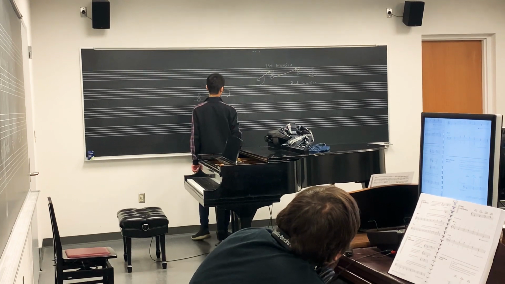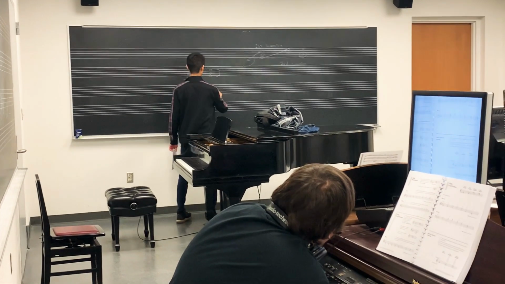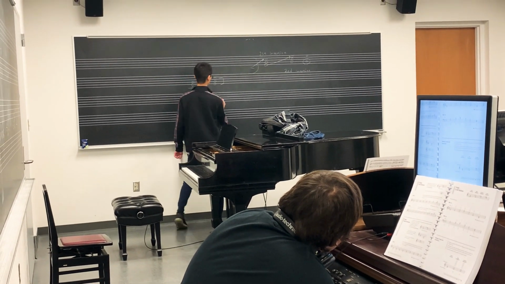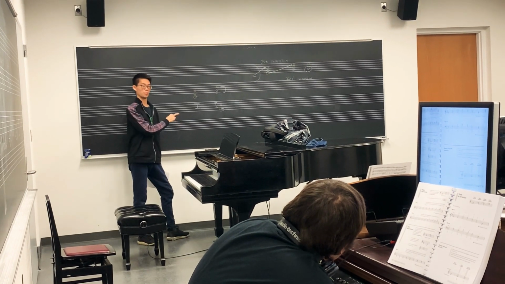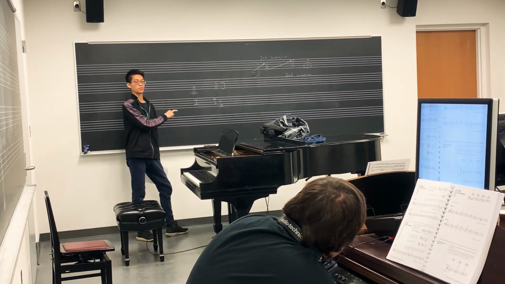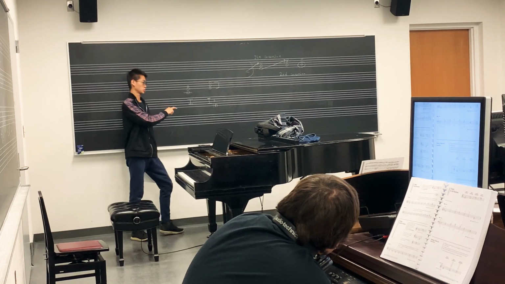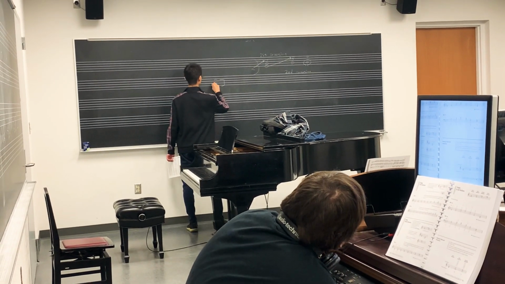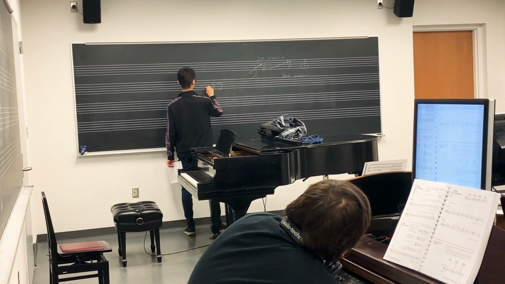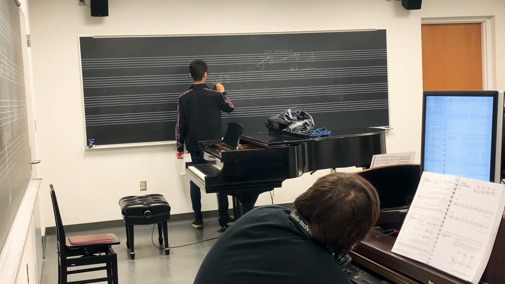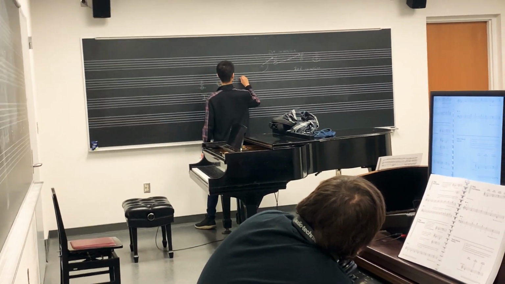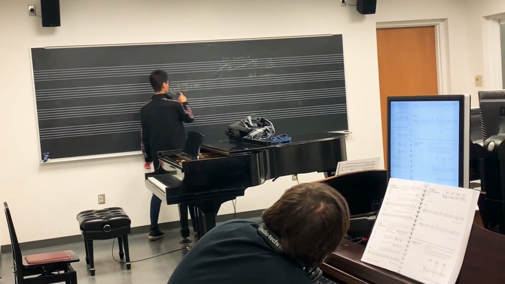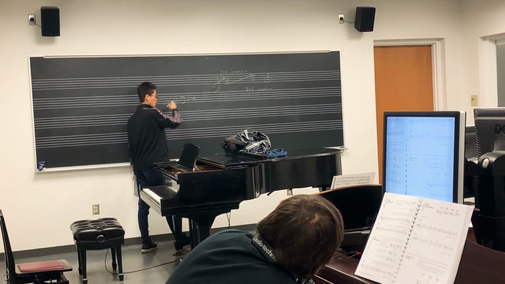That's why we put 6. And there is another 3, which usually is omitted. We don't have to write the 3, and we get to know it's the first inversion. The 3 means the interval between the middle and the bottom. It's the interval of third. And it's the interval of 6 between the bottom and the top.